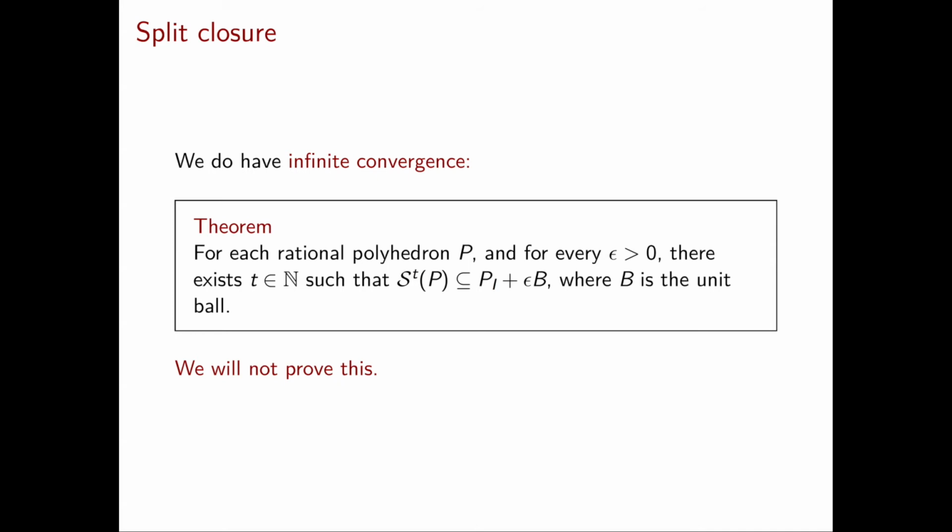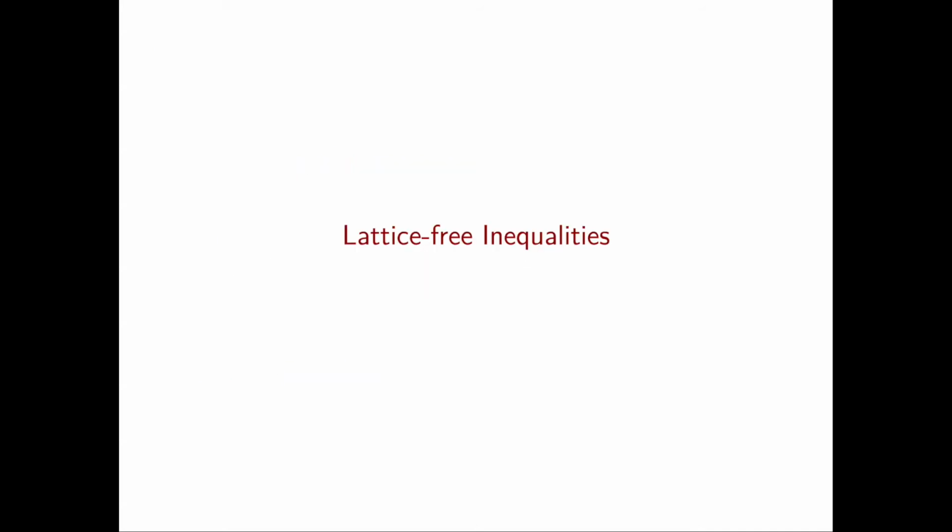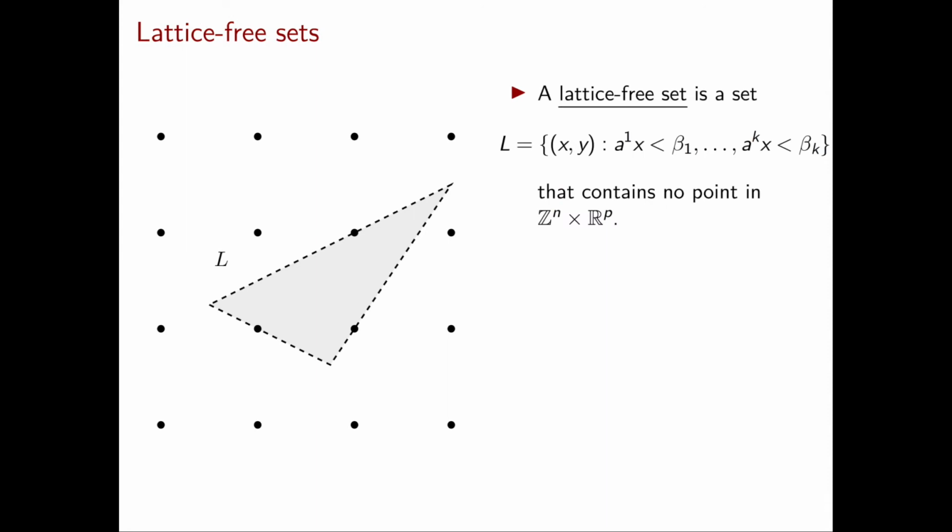So the next question is, can we obtain also in the mixed integer setting a finite convergence result? Of course, we've just understood that with splits we're not able to do so, so we need to use a different type of inequalities. The inequalities that will give us finite convergence in the mixed integer setting are called lattice-free inequalities. So let's start by defining them, and as we did for split inequalities, we first define lattice-free sets and then based on that lattice-free inequalities.